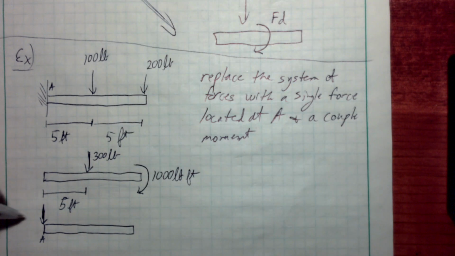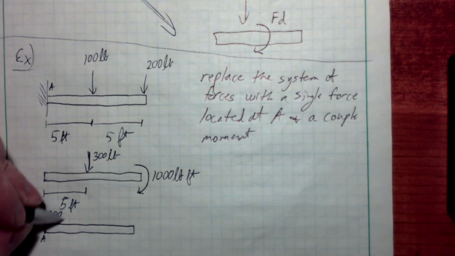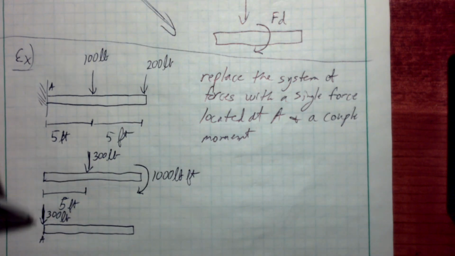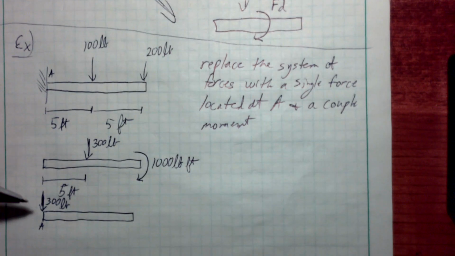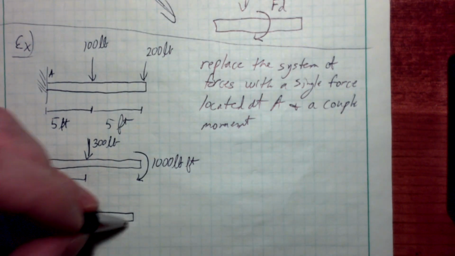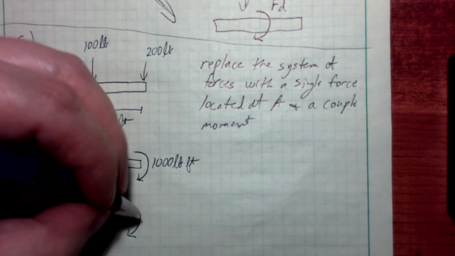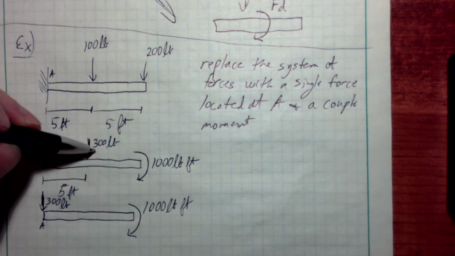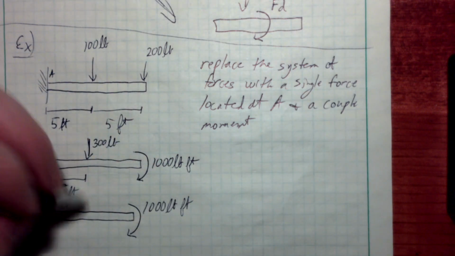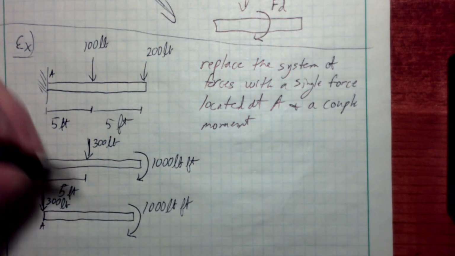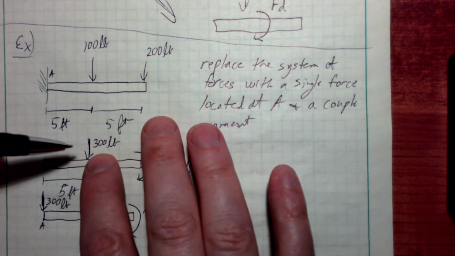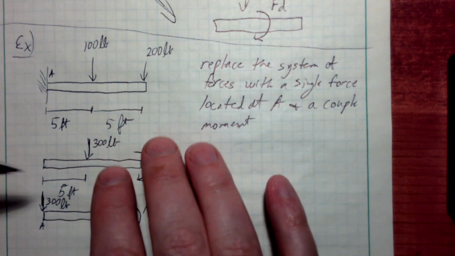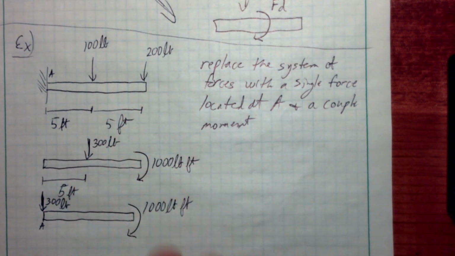So if I take this 300 pounds, move all 300 pounds another 5 feet now, well, I've got to preserve this 1,000 pound-feet out here at the end. But now I've taken 300 pounds and I've moved that 300 pounds another 5 feet, from here to here, so at point A, A being here.